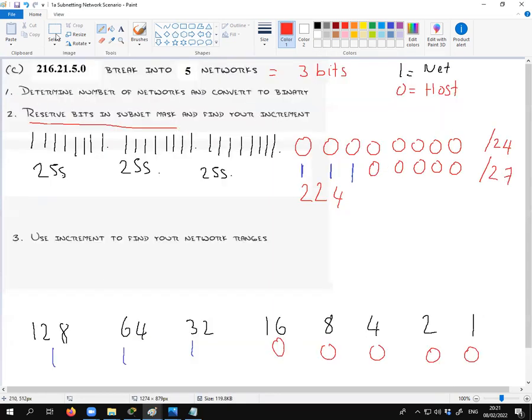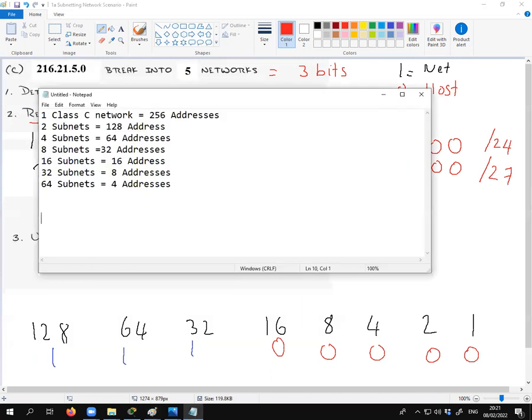Now, what's the definition of an increment, right? I'll write this down here. An increment is the number which your new subnets will increment by.